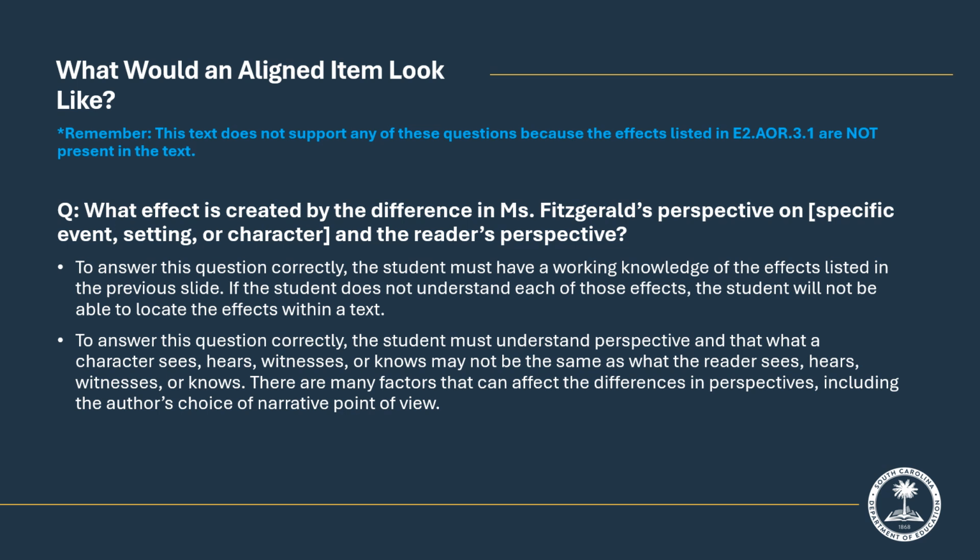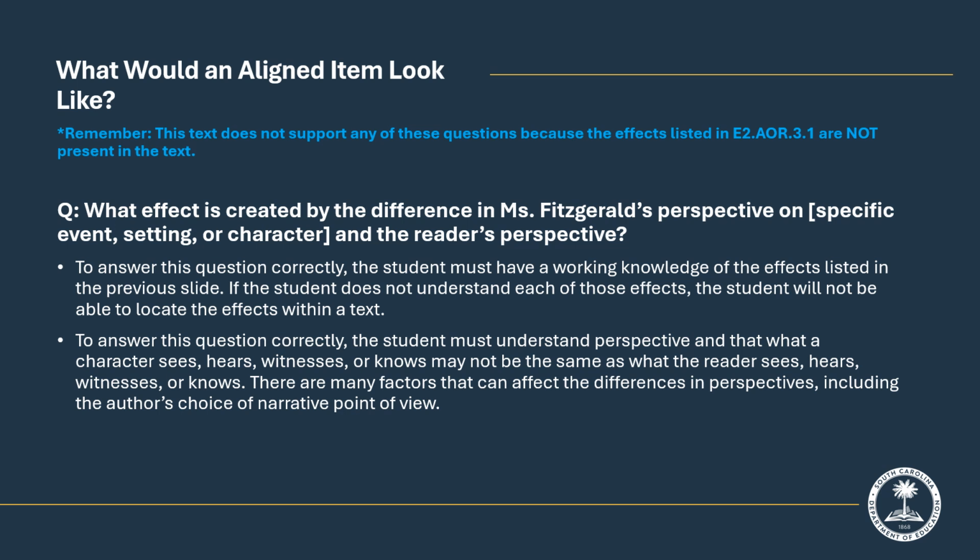One way to target AOR 3.1 is to ask what effect is created by the difference in perspectives. To answer this question correctly, the student must have a working knowledge of the effects listed in the previous slide. If the student does not understand each of those effects, the student will not be able to locate the effects within a text.